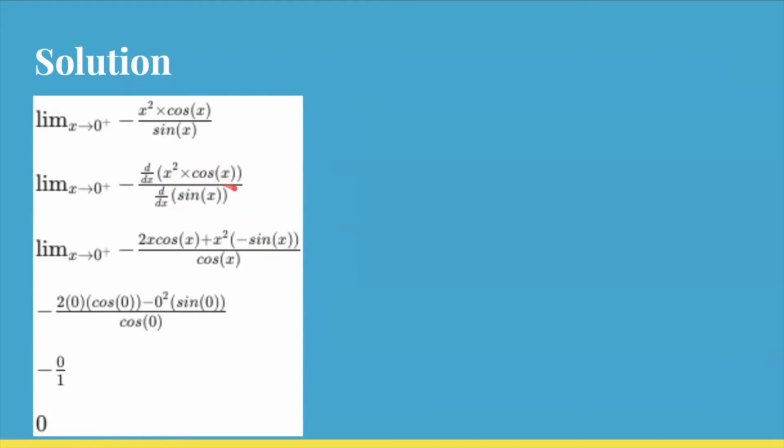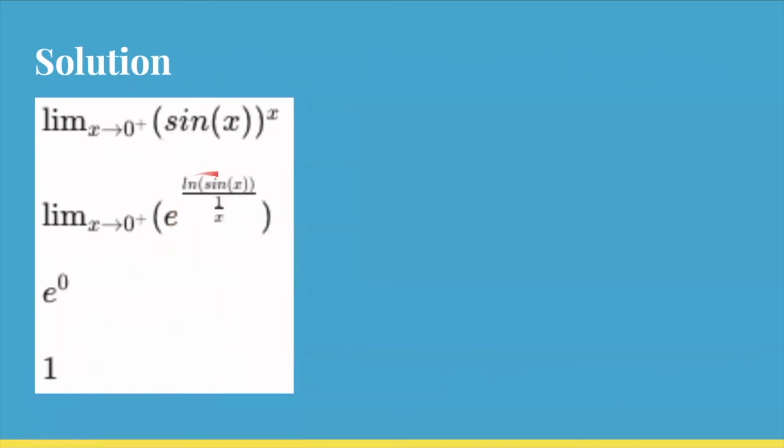In the denominator, the derivative of sine x is just cosine x. Now you plug in 0 for x, and you'll get 0 in the numerator and 1 in the denominator. So this limit is just equal to 0.